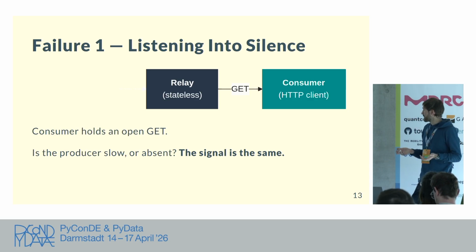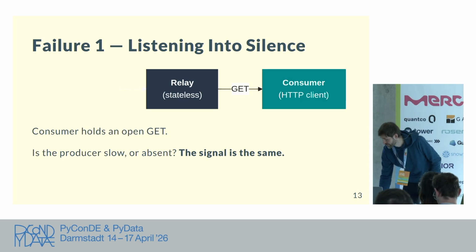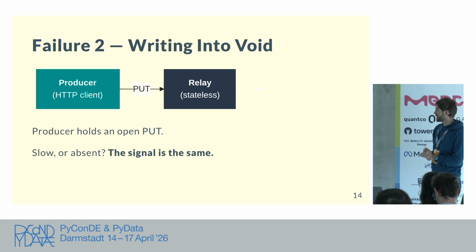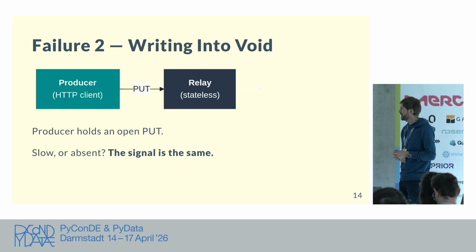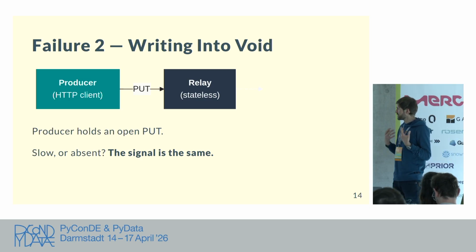So the signal is the same. And similarly, when we produce, we are writing to the relay, and the relay just blocks, and we don't know whether the consumer is just slow or waiting for something, blocking internally but it's there, or if there's no consumer at all. So the signal is, again, the same.